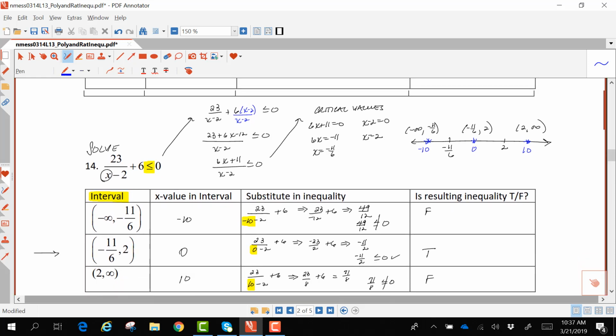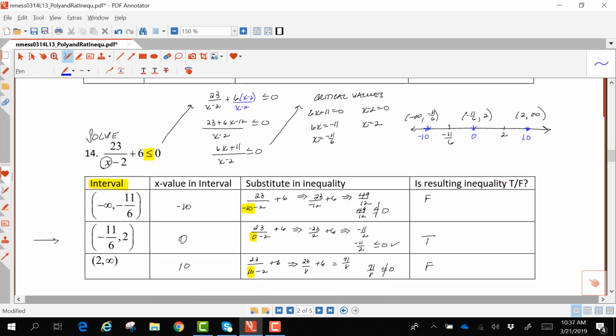Tens, ones, and zeros are the most common x values to select from your intervals, because you will take these values and then substitute them into the inequality. So in this column, first row, I'm replacing my x value with a negative 10 right here, as you see highlighted.